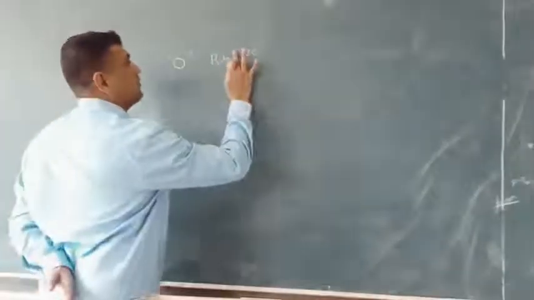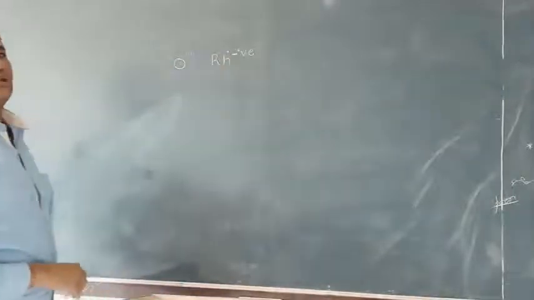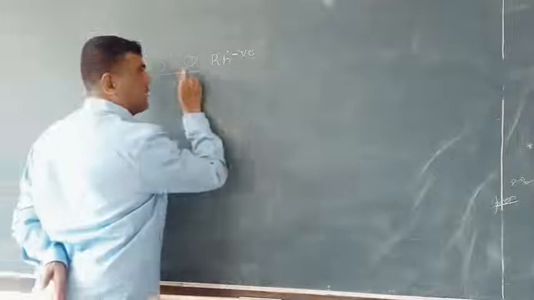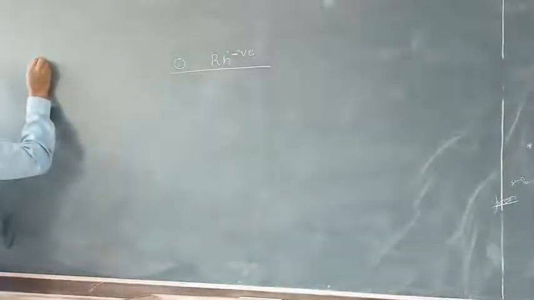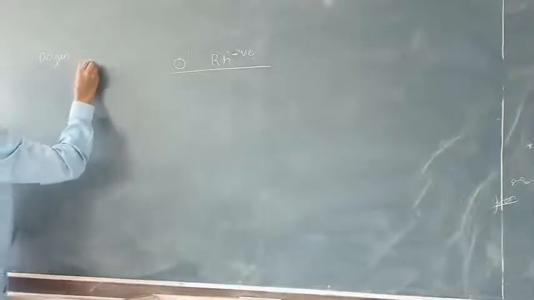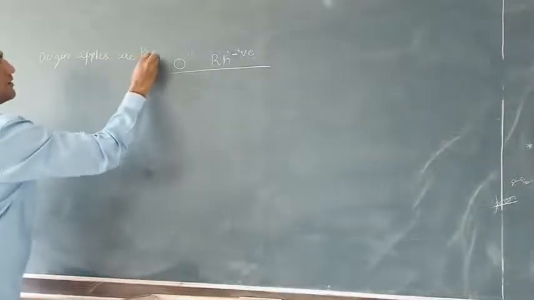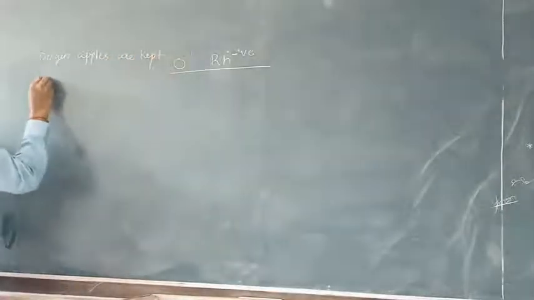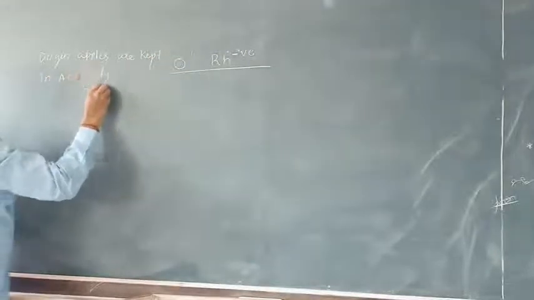Rh negative, that can be transfused. Why? Always remember one thing: dozen apples are kept in AC along with the dead body.